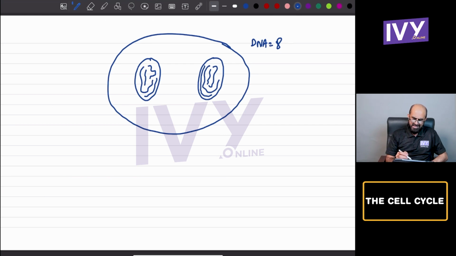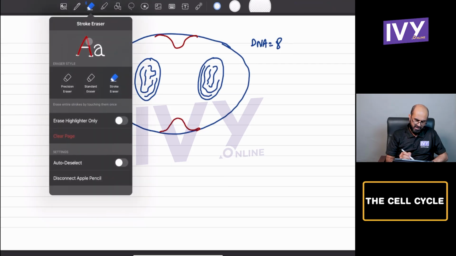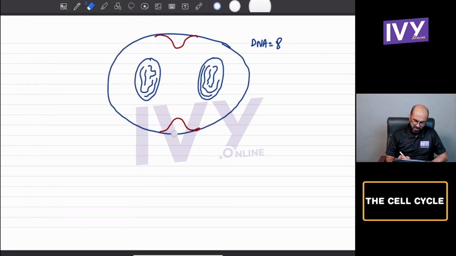But once this cell is divided, like the plasma membrane is divided in this way, it makes an invagination inside, and this part disappears. The membrane is pinched off inside. And then this membrane grows deeper and deeper.